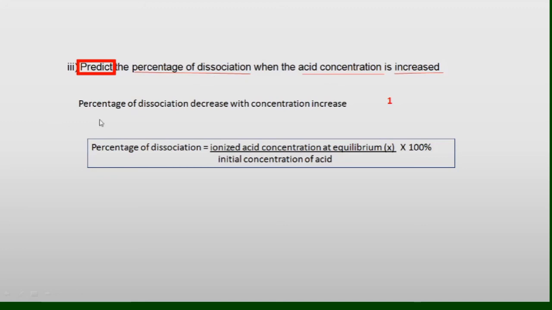So the answer is percentage of dissociation decreases as concentration increases. Okay, how do we know that? From the formula given, we know that percentage of dissociation is not directly proportional to the concentration of acid. So when percentage of dissociation decreases, the concentration increases.